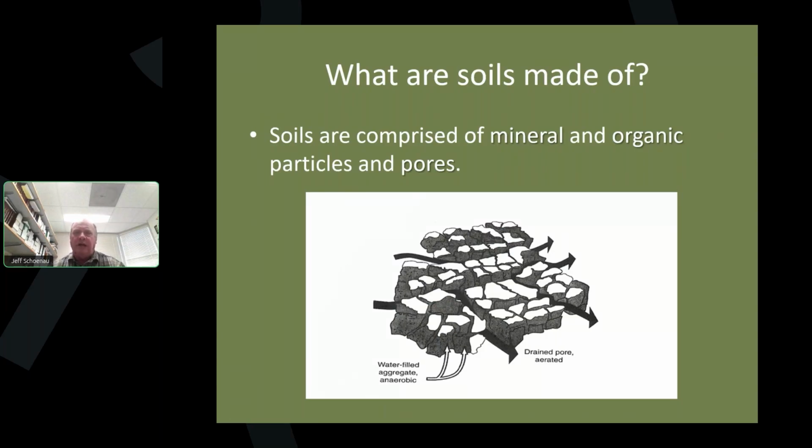They're well aerated. We also have what are called the micropores, the small pores, and at field capacity and even at moisture contents below field capacity, those micropores often are filled with water. They're often contained within aggregates or conglomerates within the soil, and because of that high water content, often they're anaerobic as well.